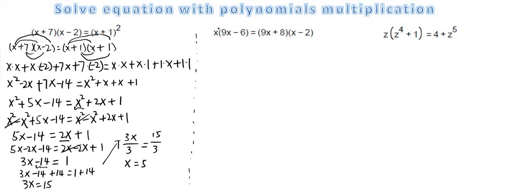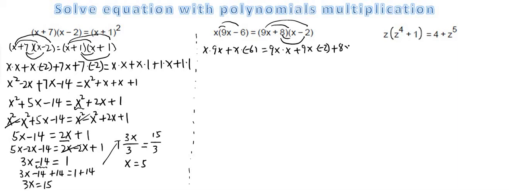We're gonna follow the same strategy. We do the distribution for both sides. So x times 9x plus x times negative 6, 9x times x plus 9x times negative 2, plus 8 times x and 8 times negative 2.